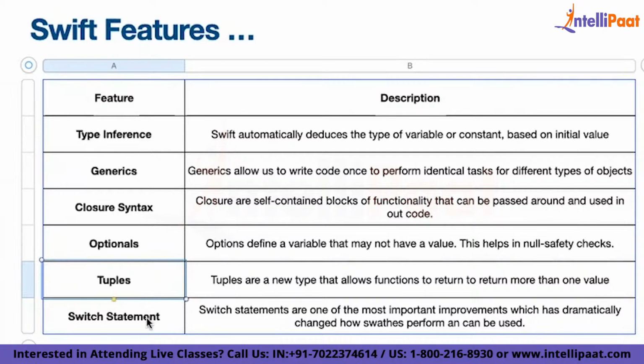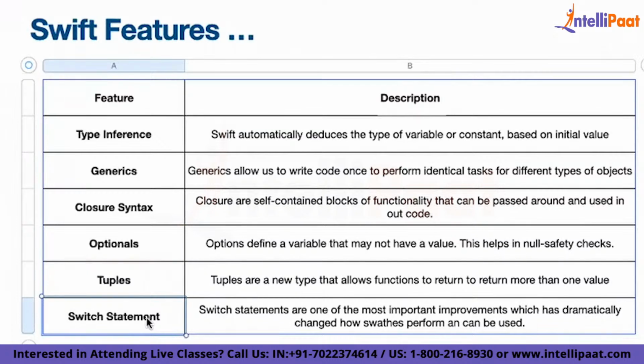Then we have the switch statement. Switch statement in Swift is so much enhanced, so much powerful, that it reduces a lot of coding that you might be doing if you were doing it in Java or C# or any other language.